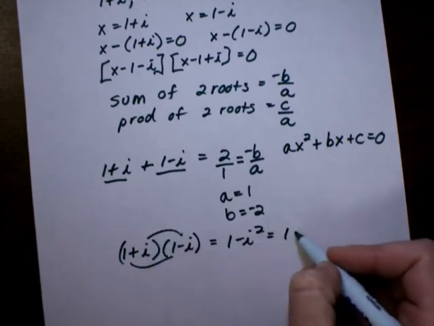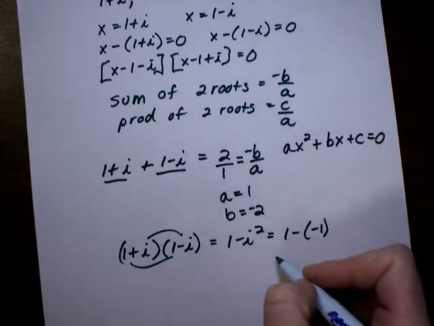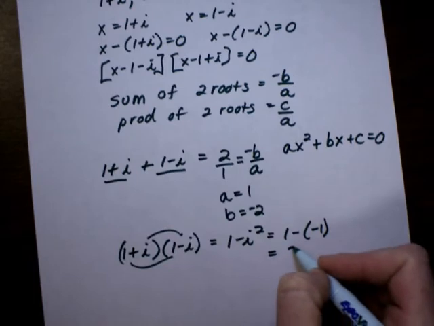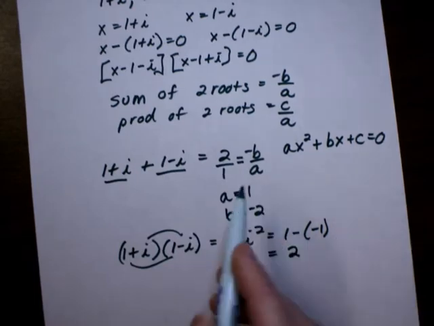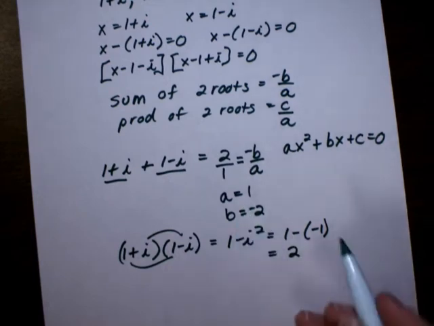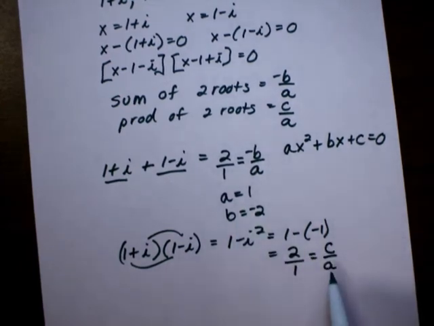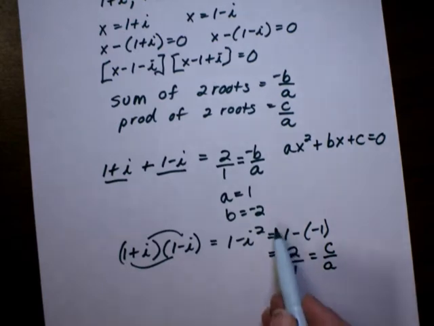Remember that i squared is really negative 1, so we are actually getting, for c, 2. That usually doesn't happen where you get the same number for both the product and the sum, but we got lucky this time. So this is c over a. I'm confirming a is in fact 1, which I already predicted. And now I see that c is 2.